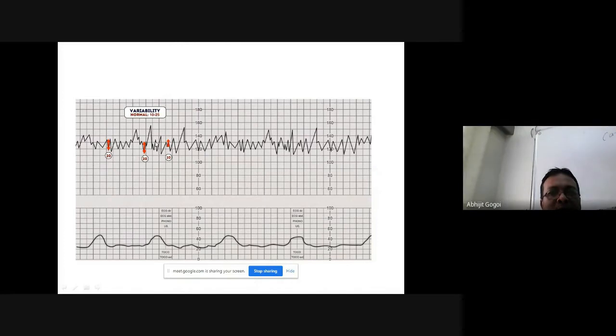Sorry, the next beat. It has gone from 150 down to 120, and the next beat is at 130. So what is the difference? 150 minus 130 is a 20 beat difference. So still it's in the normal range.